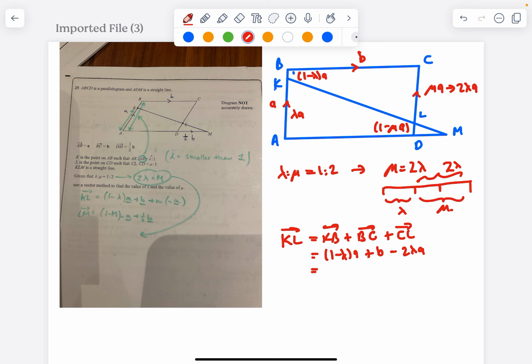I've got 1 minus lambda, another minus 2 lambda, so I've got 1 minus 3 lambda times A plus B. Now we said K, L and M are all on one straight line, so that's KL.